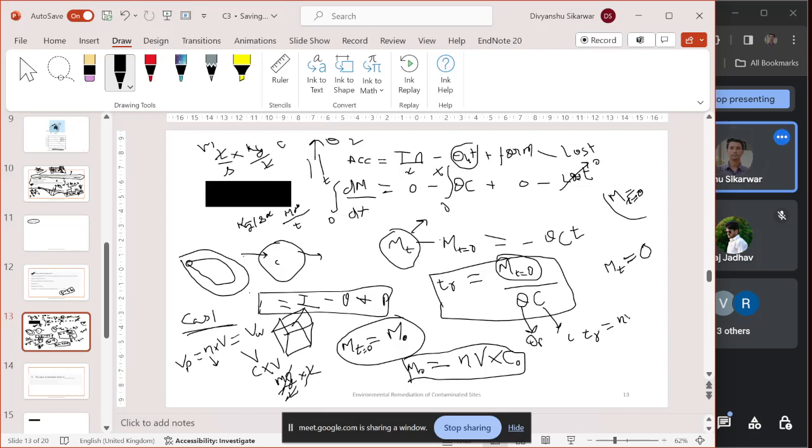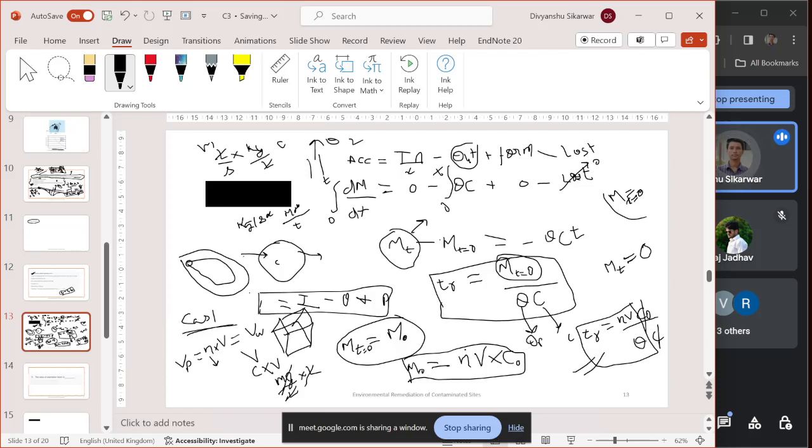N V C naught divided by QC. C cancels out. Porosity times volume divided by discharge will give us how much time we need to remove the contaminant, basically how much time we have to run the tube well for removing the complete contaminant, right?